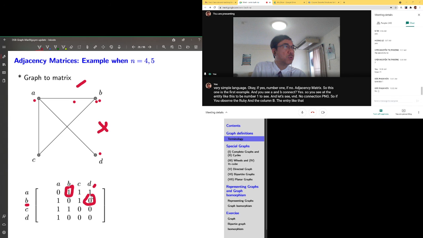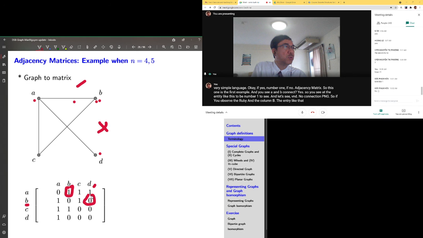Similarly for C and D, also 0 because no connection. If yes, then you say number 1, like A and C, yes. So this one we call the adjacency matrix of the graph G.